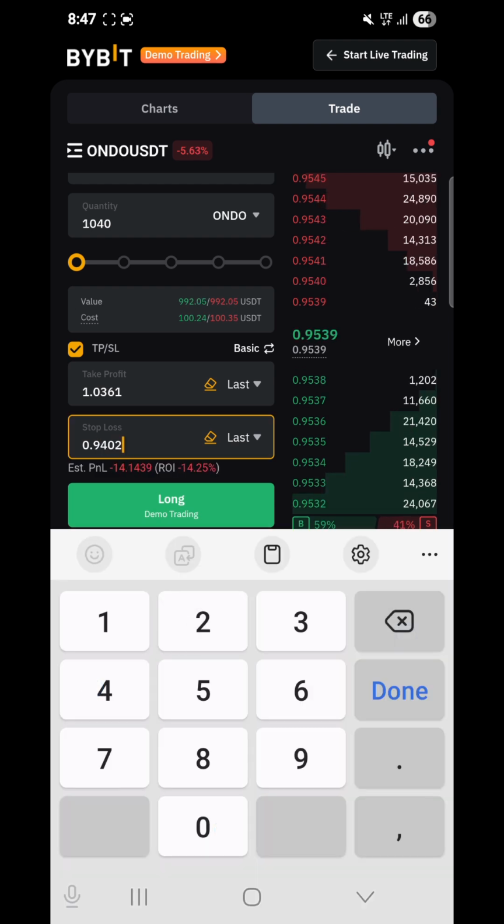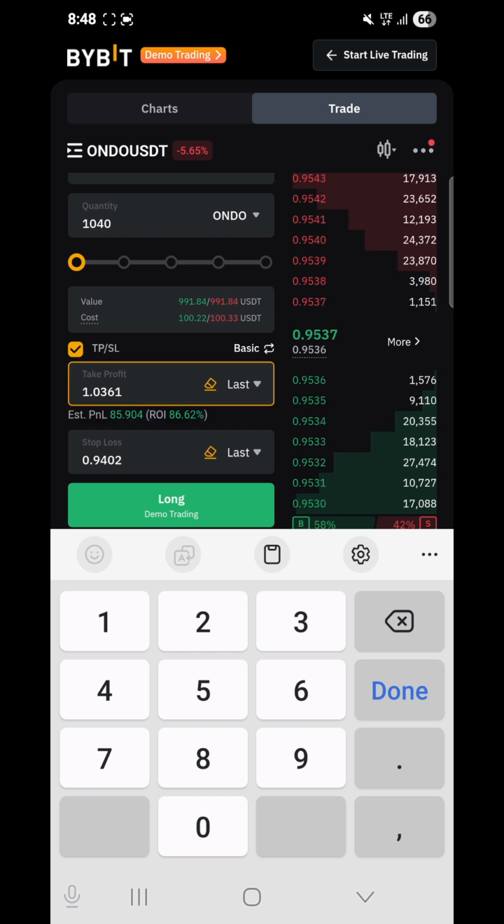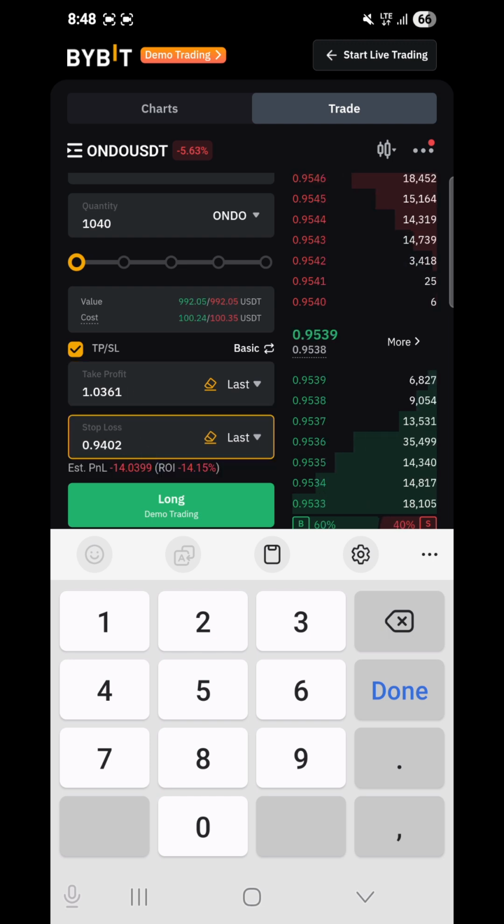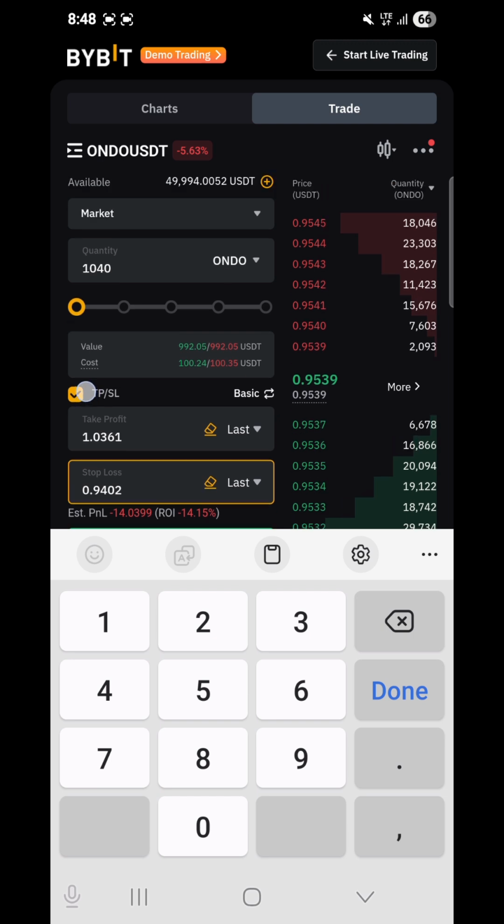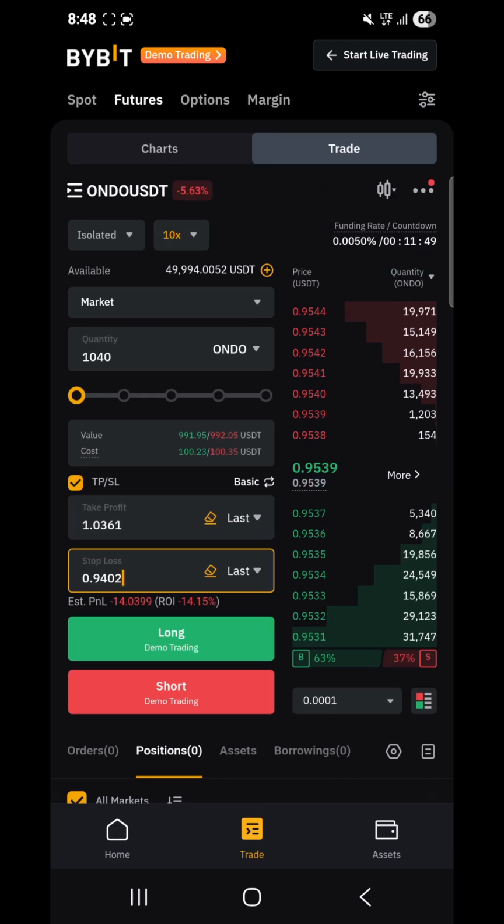So I'm practically risking $14 to make $85. Whereas when using leverage, I was risking, is it $3? Almost $2 to make $9.